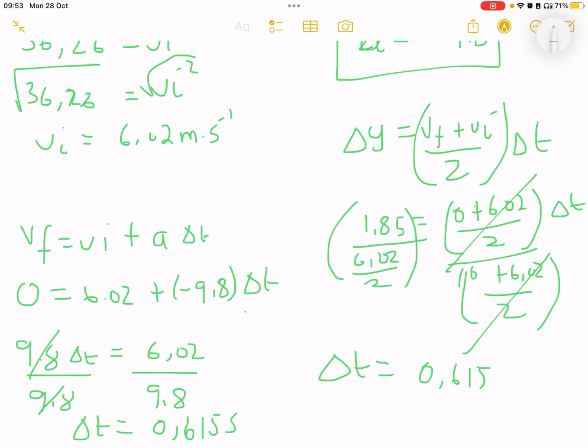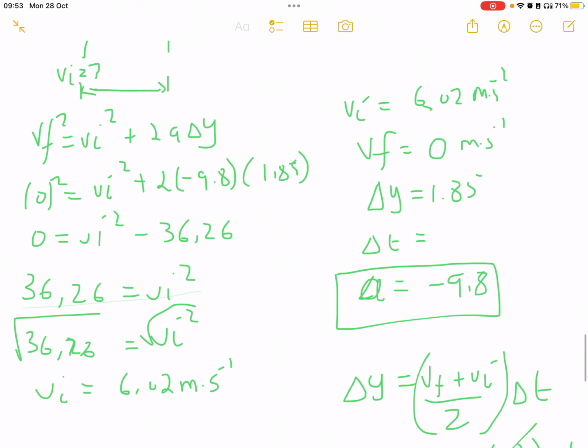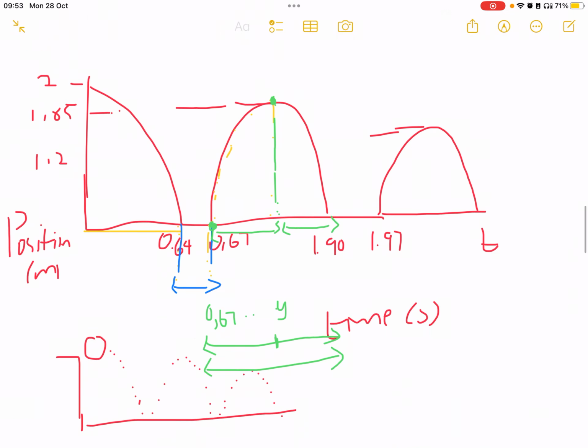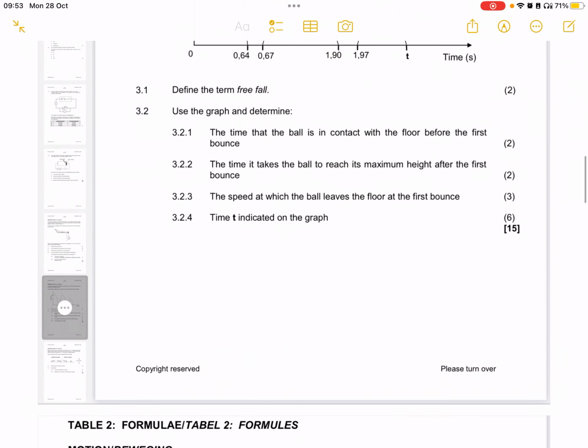0.615. That's seconds. So there are many methods and options that you can choose from, depending on which one you opt for. Now, the next one wants us to calculate the speed, or use the graph and determine the speed at which the ball leaves the floor.